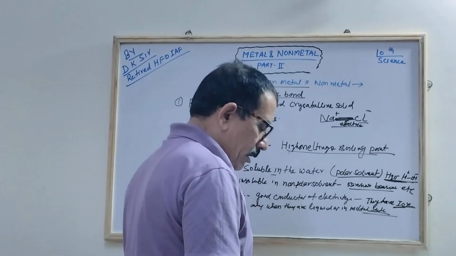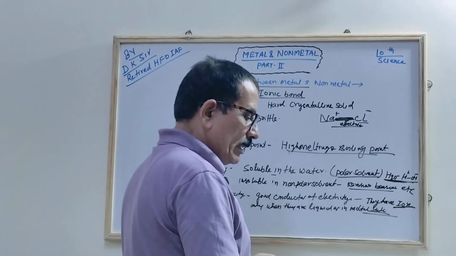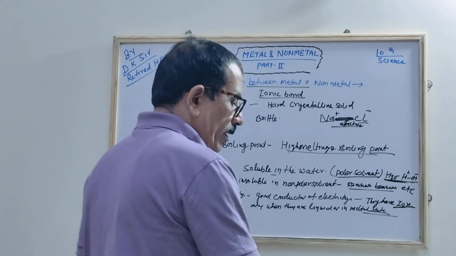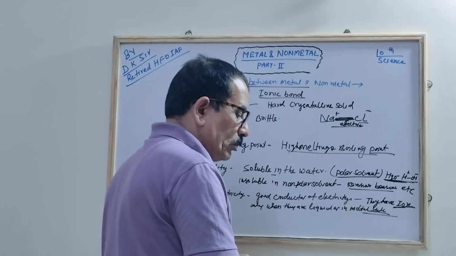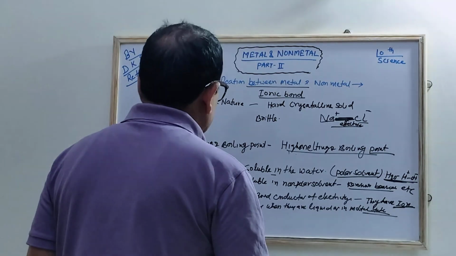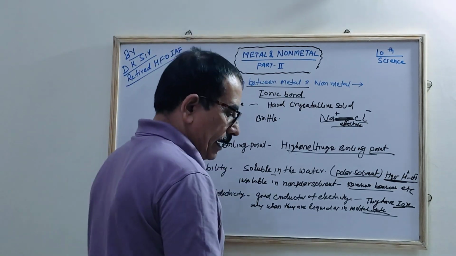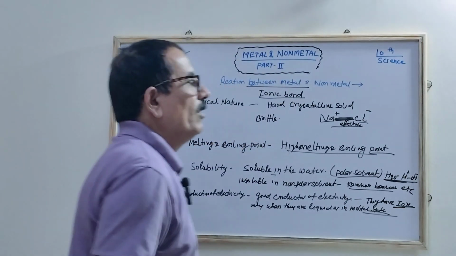In the molten form, the electrostatic force of attraction between the opposite charges is overcome due to the heat, okay. So we should understand the conduction of electricity, how it happens, correct?